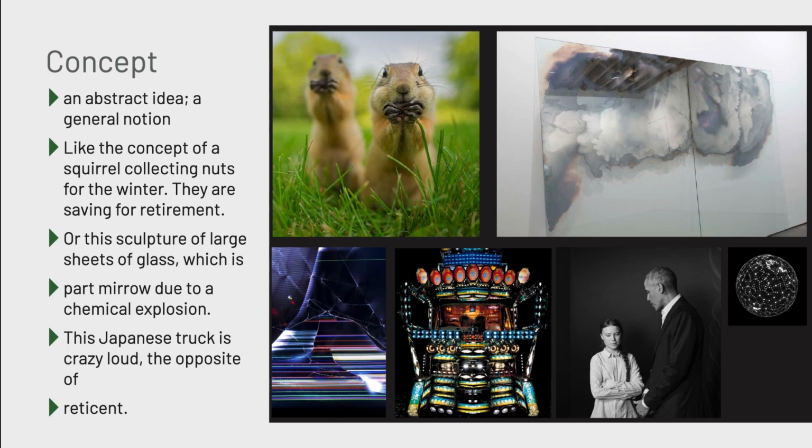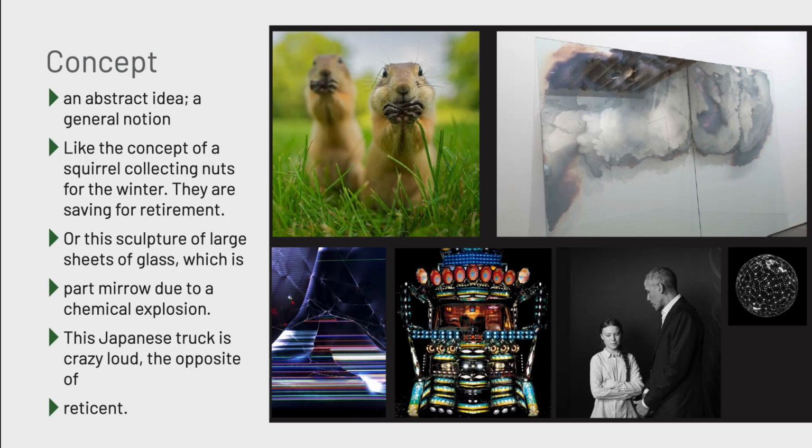So this would be one of the concept pictures that I put on the mood board. Or on the right side, top right, is a sculpture by Michelle Lopez, and she exploded these chemicals on a glass, and I thought it's still very pretty, but it's also brutal looking, and this feeling of breaking and exploding without cracking the glass, I thought was very powerful, yet very fragile.